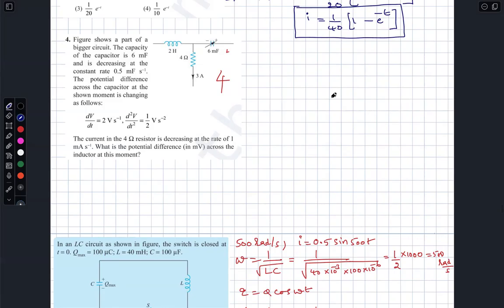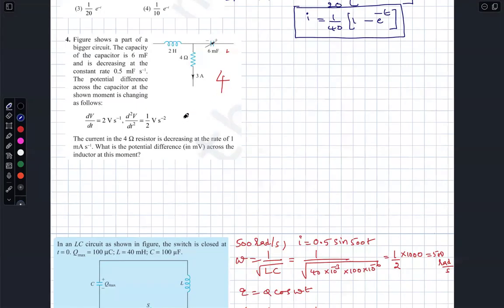Okay. This figure shows... this is also a very repeated question, really very repeated question. Figure shows a part of a bigger circuit. Consider this as a part of what we did earlier. The capacity of the capacitor is 6 millifarad and it is decreasing at a rate of 0.5 microfarad per second. The potential difference across the shown capacitor is changing as follows.